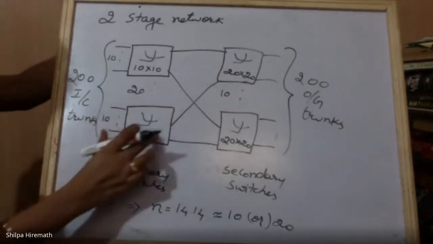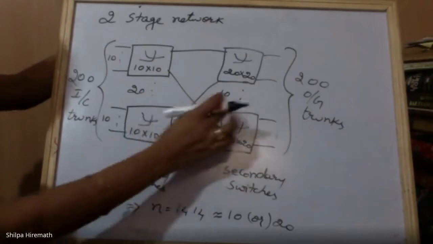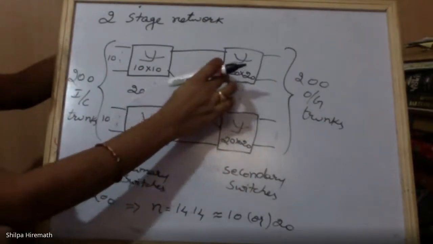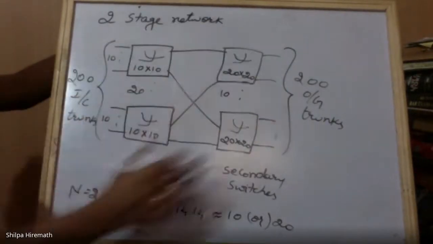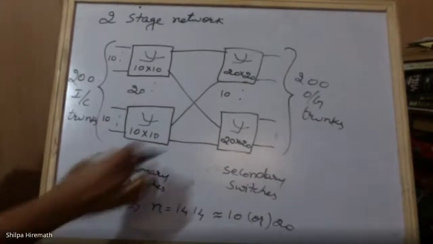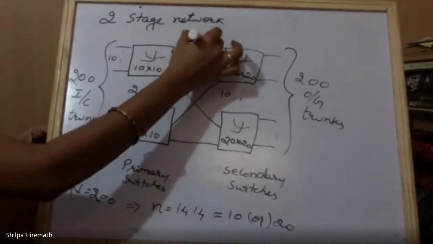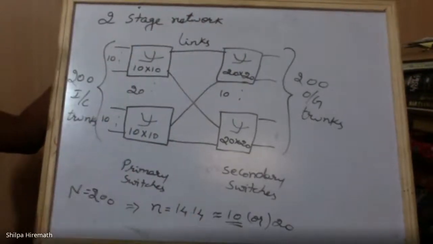Here it has 10 outlets, so the first outlet is connected to the first switch, second to second, third to third. Similarly, the 10th outlet is connected to the 10th secondary switch. So this is one of the designs for a two-stage network, and these are said to be links. This is the case when I considered n is equal to 10.